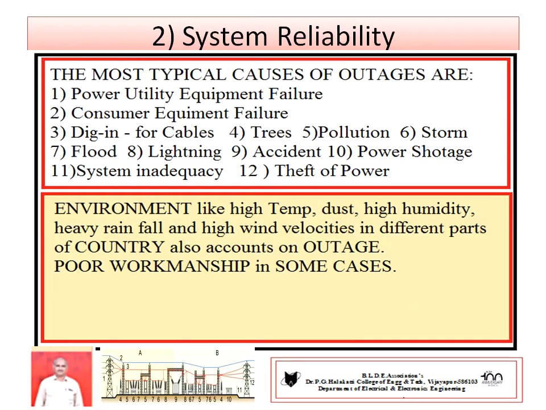Second, another important fact is environmental considerations. Environmental factors like high temperature, dust, thunderstorms, high humidity, heavy rainfall, and high wind velocities are different in different parts of the country. That means in different parts of the country, different exposures will occur.